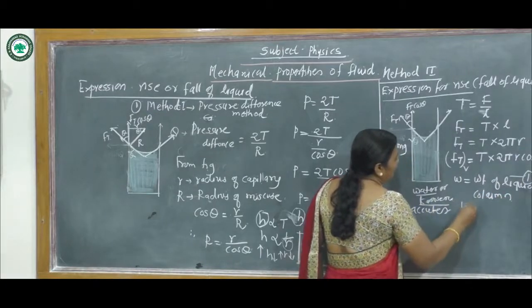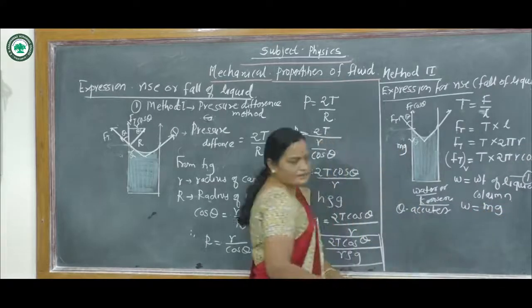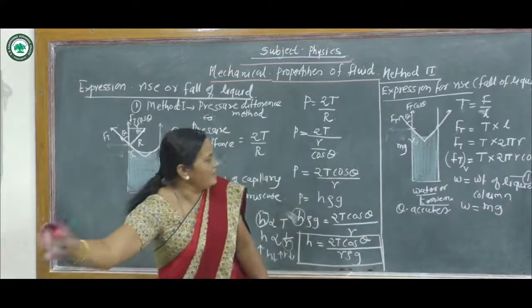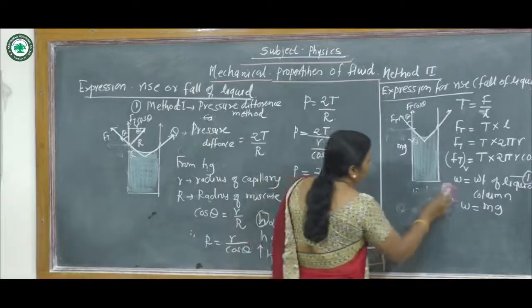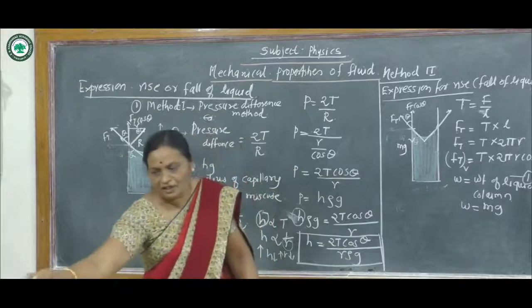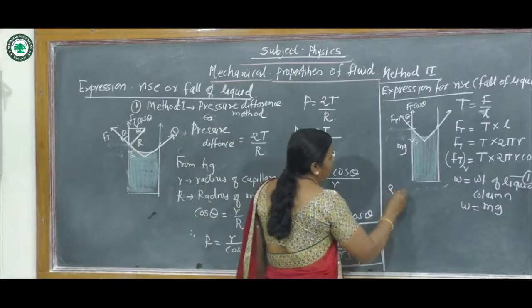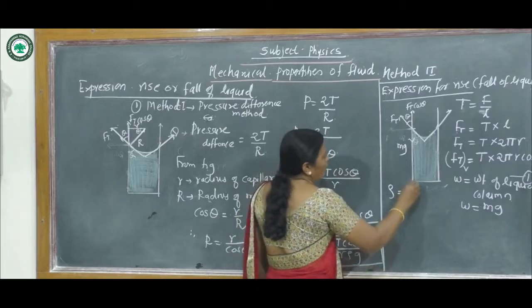The weight of the liquid column is nothing but mg, and we can find the mass here. We know the definition of density: density is mass upon volume.